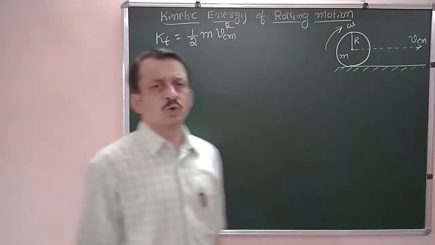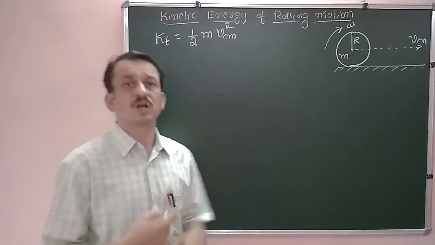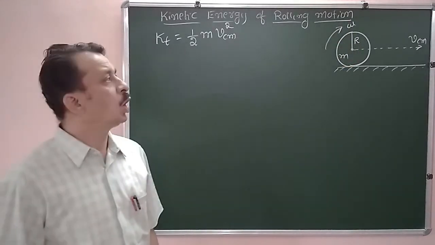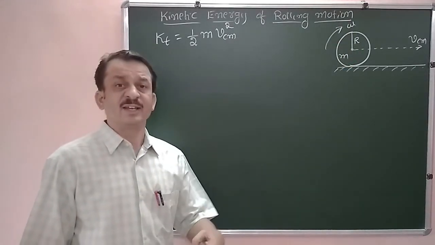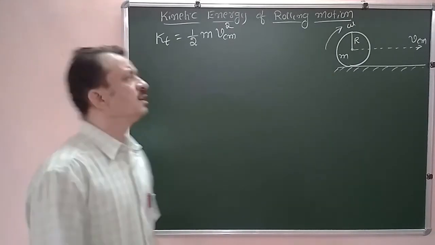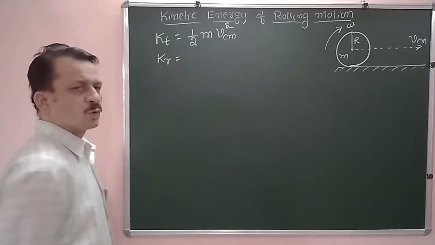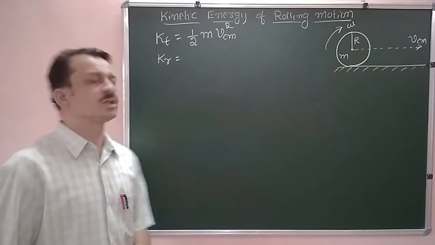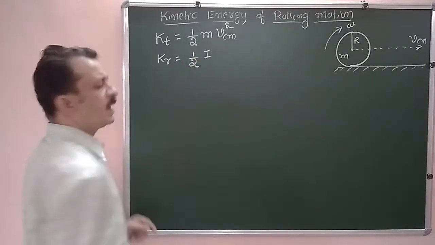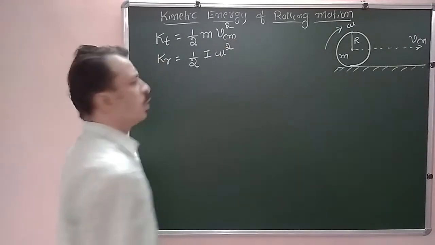Along with the translatory motion, that circular disc is having rotatory motion also. Now it is rotating with an angular velocity omega. If I is the moment of inertia of that circular disc, then the kinetic energy of rotational motion is equal to half I omega square.